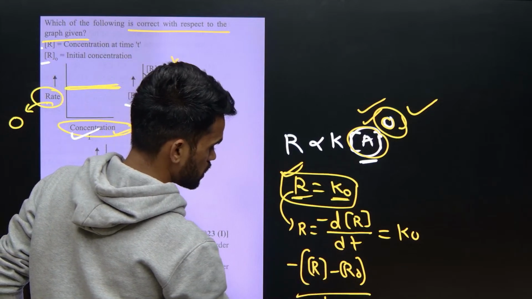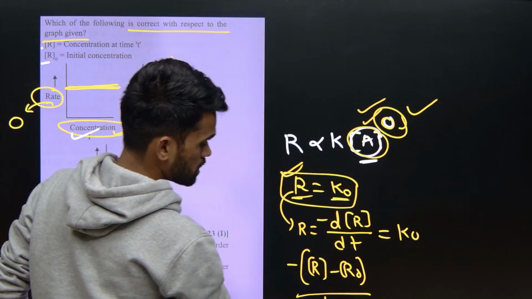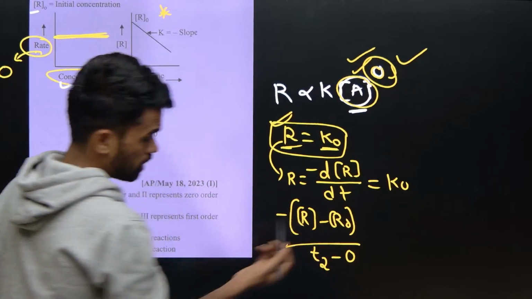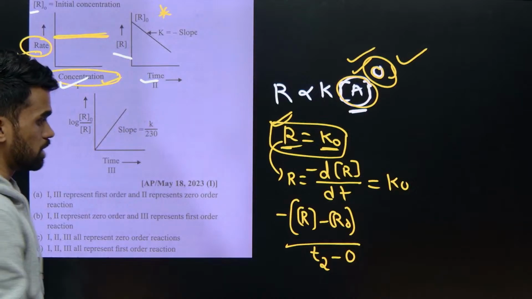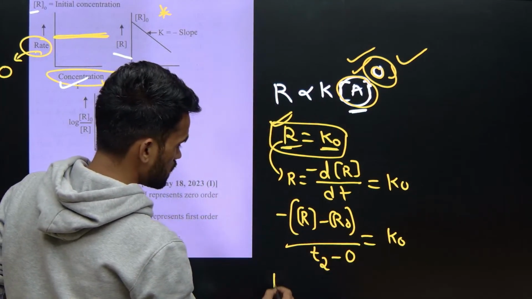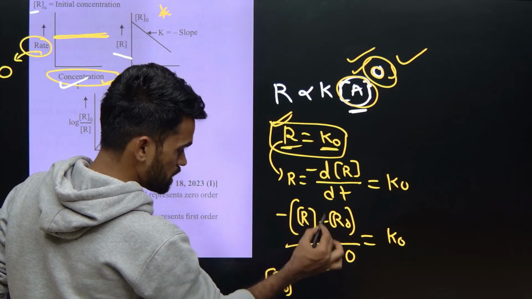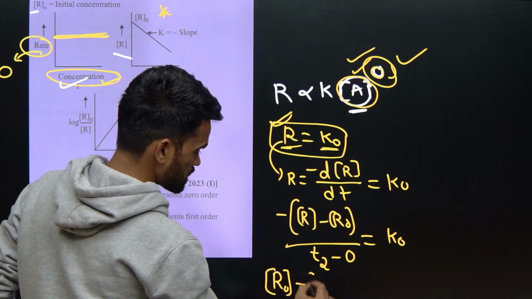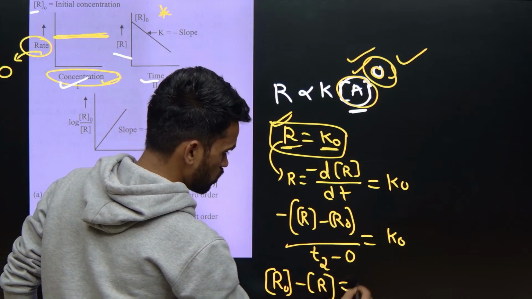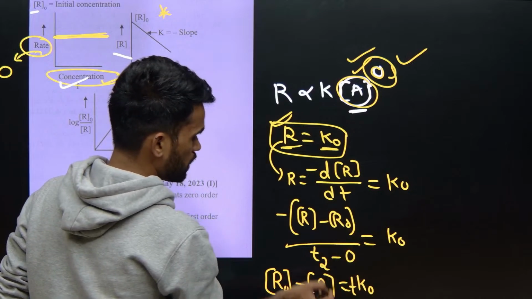This is the concentration at time t, this is the initial at time 0 seconds. So this will be equals to k naught. From this I can write, just multiplying inside, R naught minus concentration of R will be equals to k naught t. Okay, that's it. Now k naught t we get here.